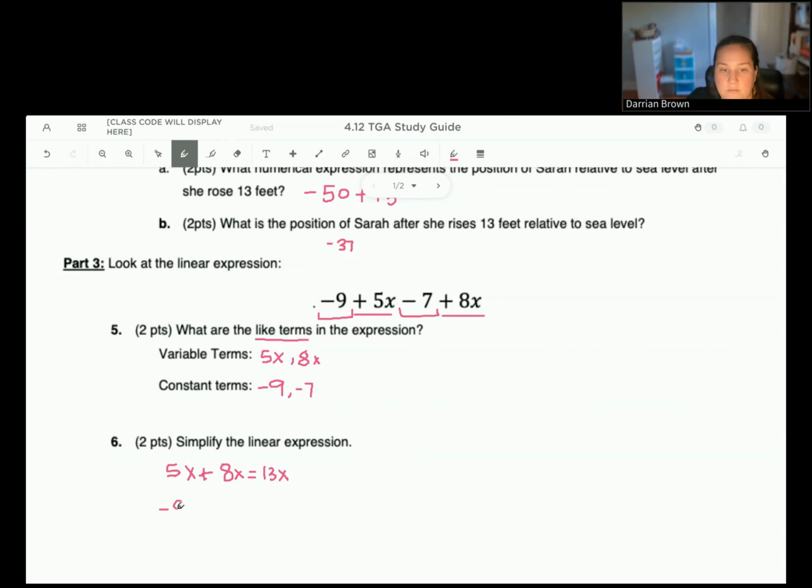So we've got negative 9 plus negative 7. 9 plus 7 is 16. Keep the negative sign. And that one doesn't have a variable, no x. So if we combine our two answers, it would look like this: 13x minus 16. That would be your final answer.